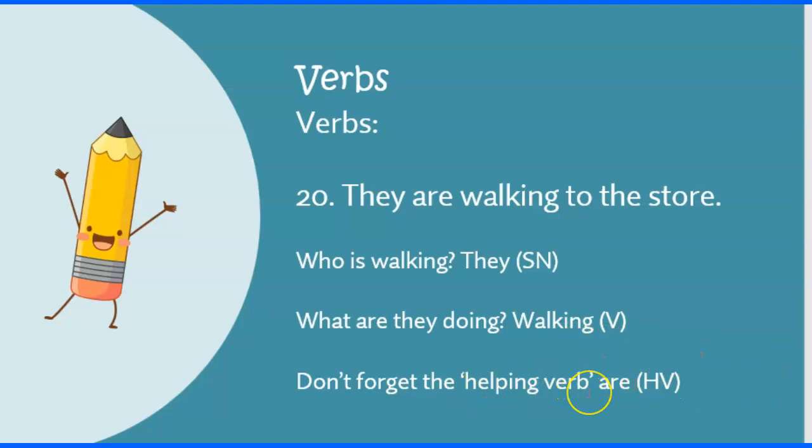The helping verb are, that's also going to get a mark. So here we go: subject noun, helping verb, and verb. Now we want to underline the helping verb and verb because that's what we're looking at in this section. So you also want to put an underline here and an underline here. We know verbs really well, so we don't really need to spend a whole lot of time on them.